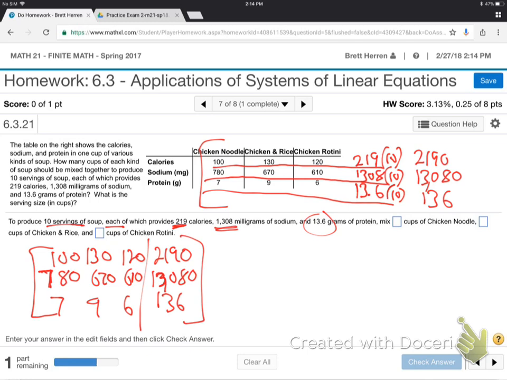All right, can you put that into do the RREF on that matrix? I'll do it with you. Let's put that thing in. So what, a 3 by 4 again?